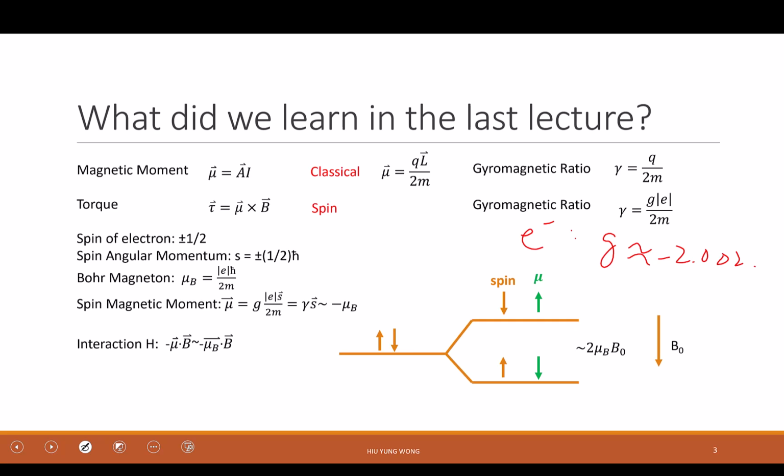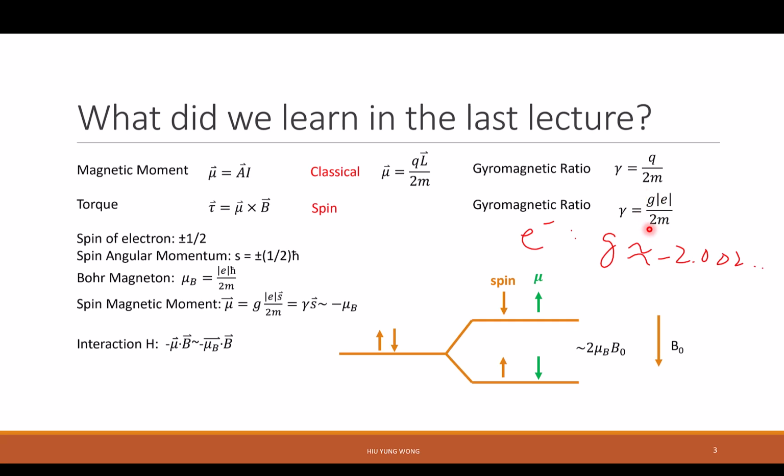As far as I know, maybe this is even related to how much dark matter you have in the universe, from what I learned from a seminar, which I don't understand. But this g is very important in the calculation. But anyway, this g is so close to negative 2, so we can just assume that it is equal to 2, then it got cancelled.